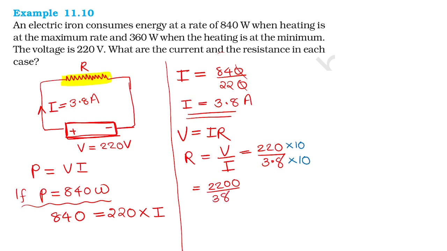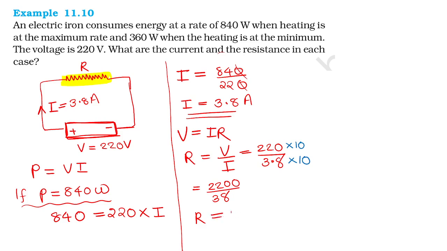Then after that you can do the division. I don't want to discuss the division. You can do it after the class. If you have any doubt about the division, you can tell me, I will discuss that.